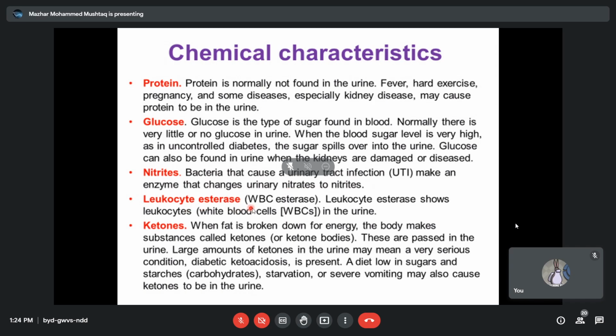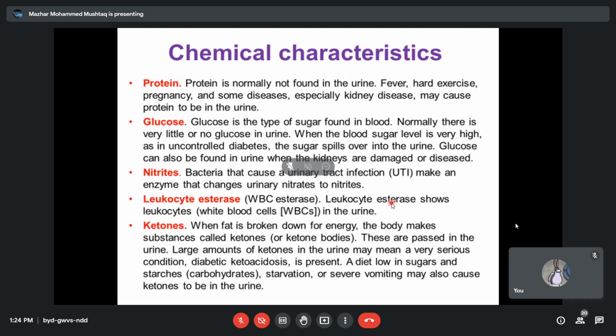Leukocyte esterase, again, is linked to the nitrite condition. Leukocyte esterase shows the leukocyte, the white blood cell, in the urine. So if the activity of this enzyme is detected in the urine, that means not only red blood cells, there is a possibility that the WBC are also present in the urine.